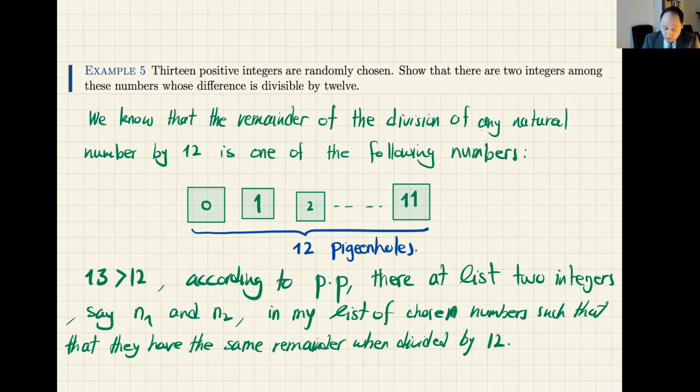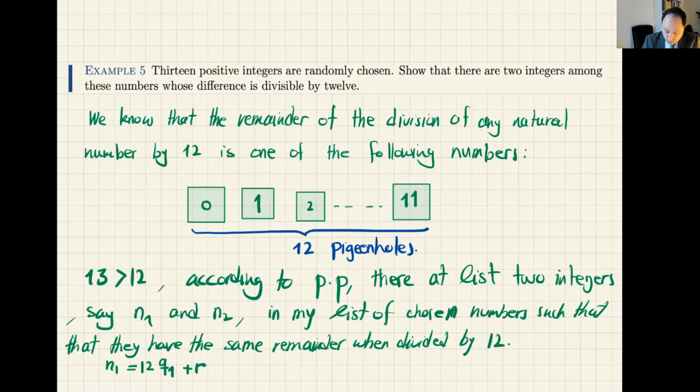Okay, I called one of them N1 and the other one N2. So what does it mean? N1, when I divide it by 12, gives me a quotient, let me call it Q1, and a remainder, I will call it R. If I ask you what that R is, you cannot definitely answer, but you will say that it is one of these things in my list.